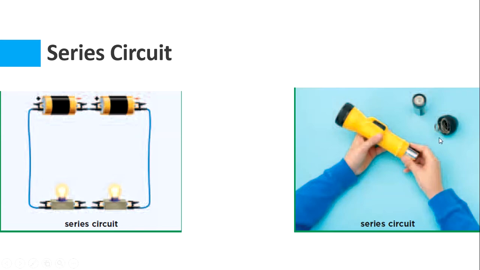Each battery in the flashlight supplies energy that causes electric charge to flow. So the light bulb receives the sum of the energy that comes from the two batteries, the total energy that comes from both the batteries.